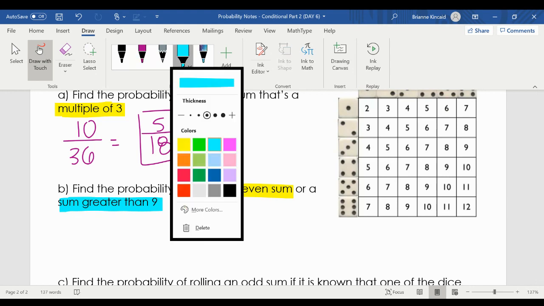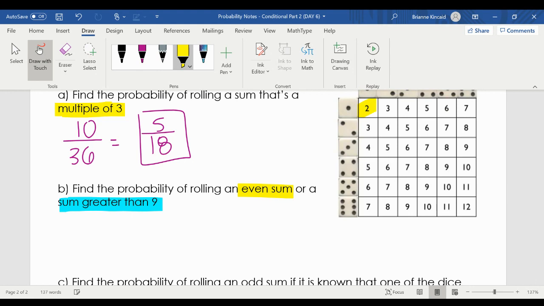So I'm going to go through, I'm going to highlight all my even sums. So 18 over 36. And then I'm going to highlight all my sums that are greater than 9. Which is 6 numbers.